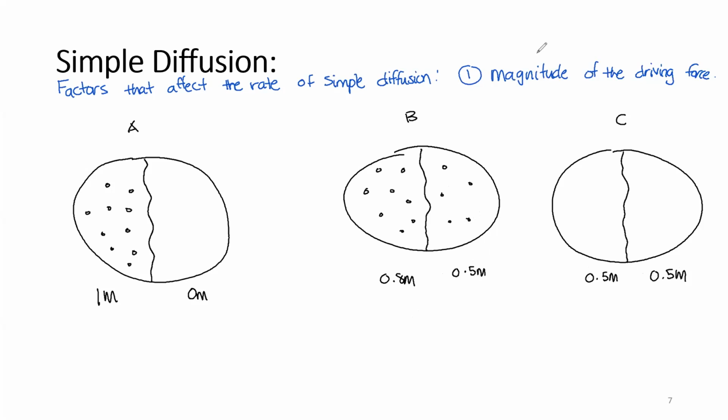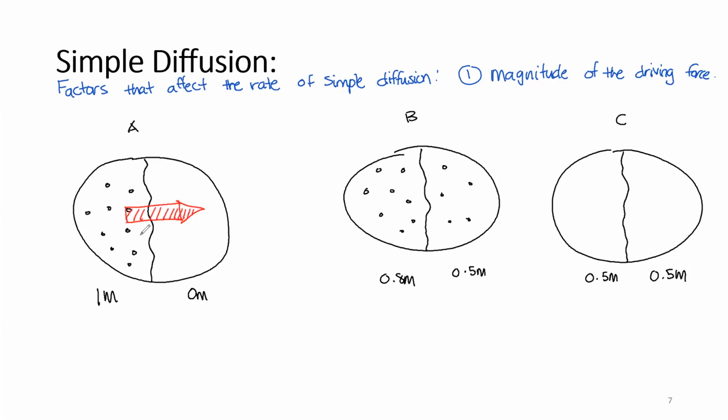And so we can compare the rate of diffusion across these 3 containers by looking at the magnitude of the force that exists. And remember, when I talk about the magnitude of the force, I'm really talking about the strength of the concentration gradient. So because we have a stronger gradient in container A, we have a stronger magnitude of the driving force here, okay?